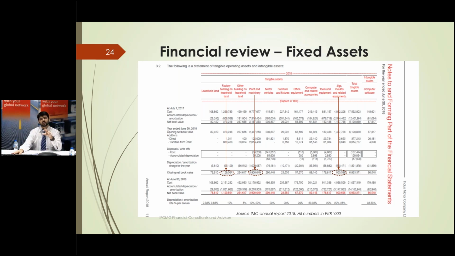And we can further club in tools and equipment and other building on leasehold land. So we're pretty much staring at around 90% of the total tangible assets.